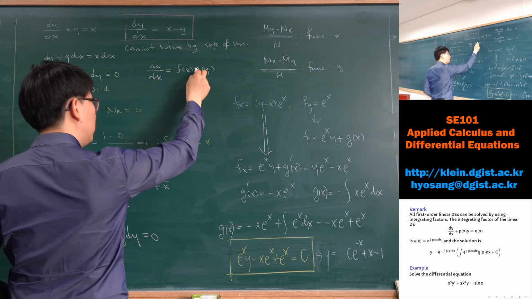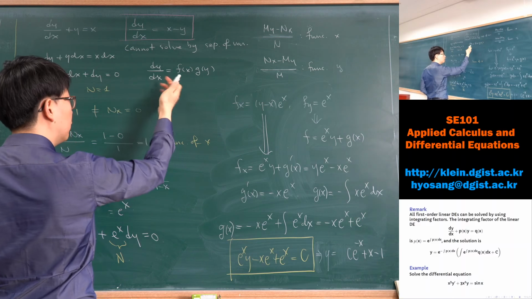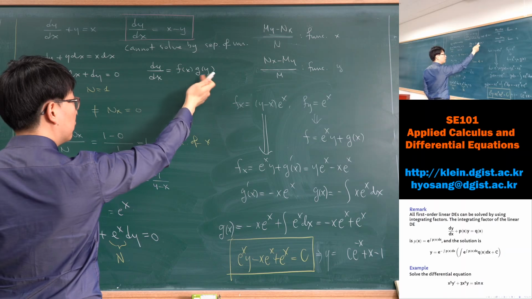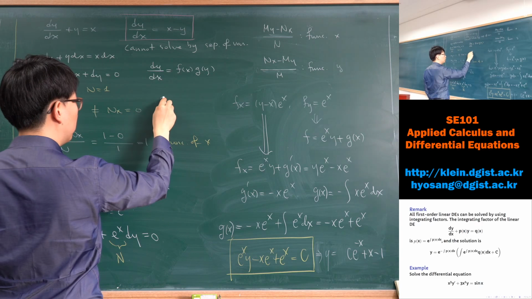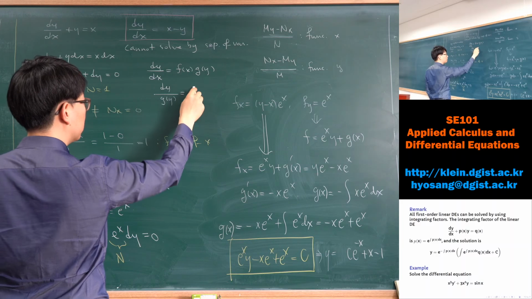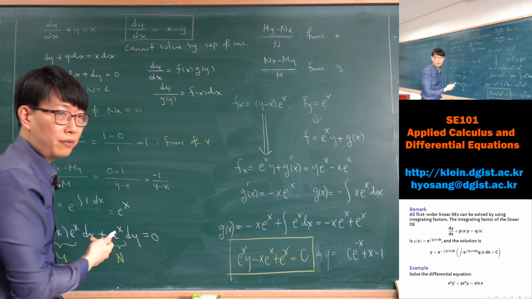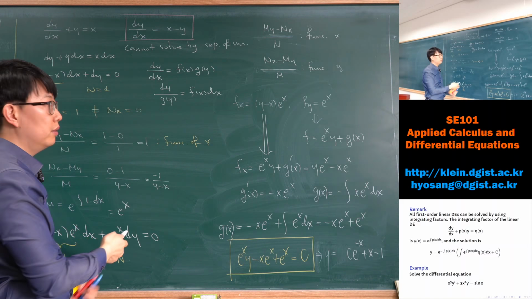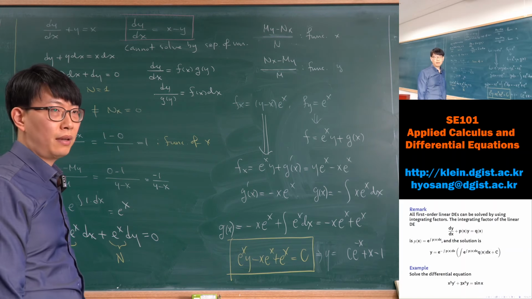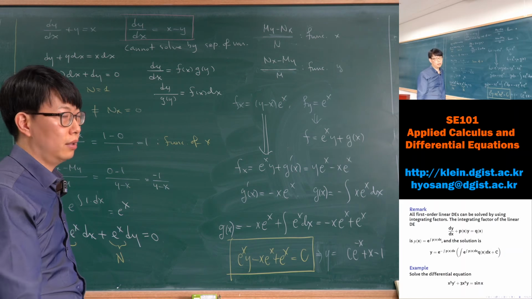In that way only, you can separate factors so that the y part goes to the left-hand side, for example, and the x part goes to the right-hand side. Here, this is not a product of x and y. This is simply a sum of x and y. You cannot separate it by factors of x and y.